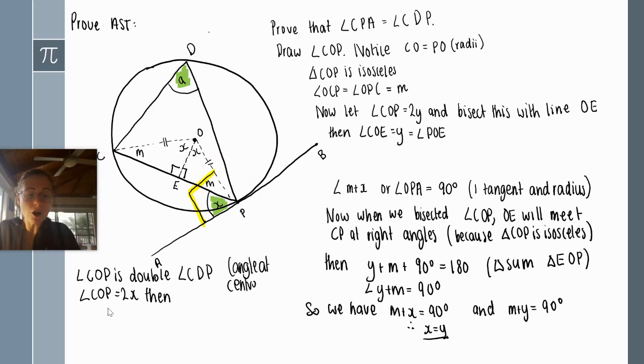So if COP equals 2x, my angle A has to equal half of that, which is just x. Therefore, I can conclude that A also equals x. It's a great proof, huh?